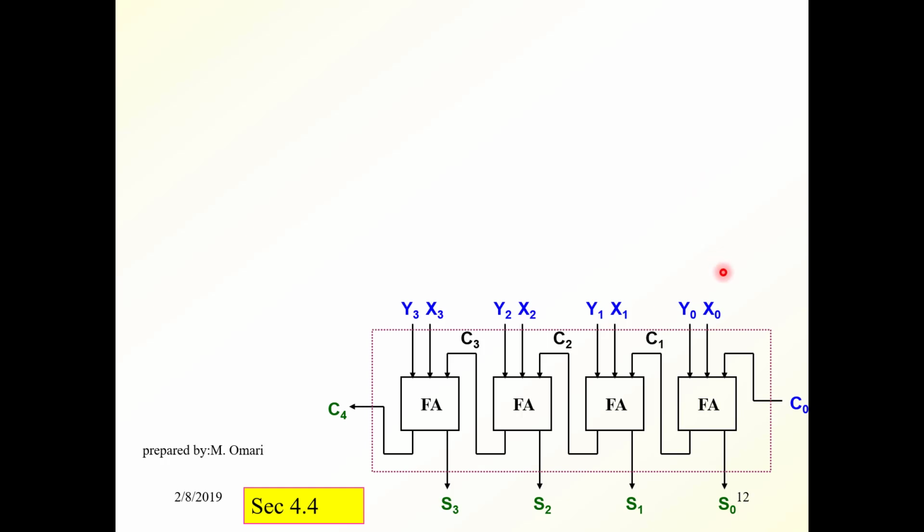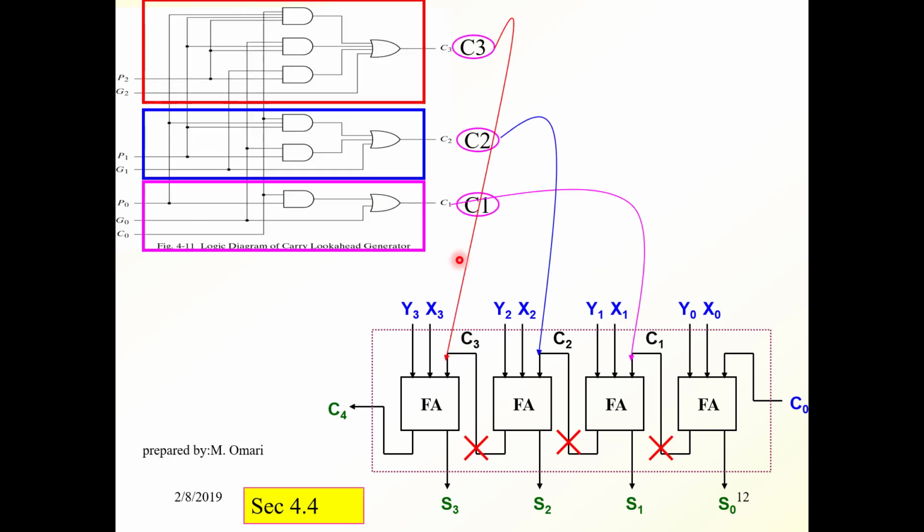Now going back to the ripple parallel adder that we talked about that has the problem of the delay, if we disconnect these lines and connect here the generator for C1, the circuit that generates C1, and we connect here the circuit that generates C2, and we connect here the generator for C3, like so. This is the carry look-ahead generator.